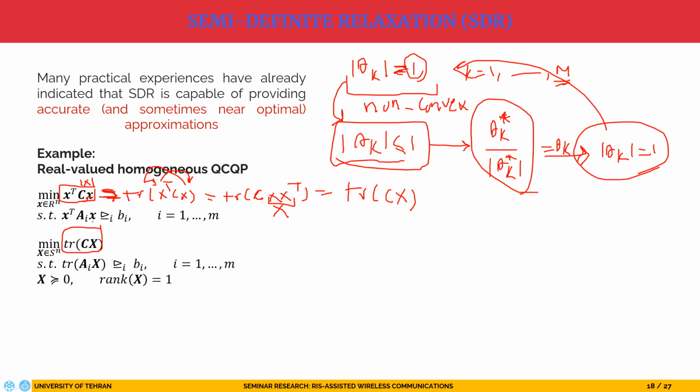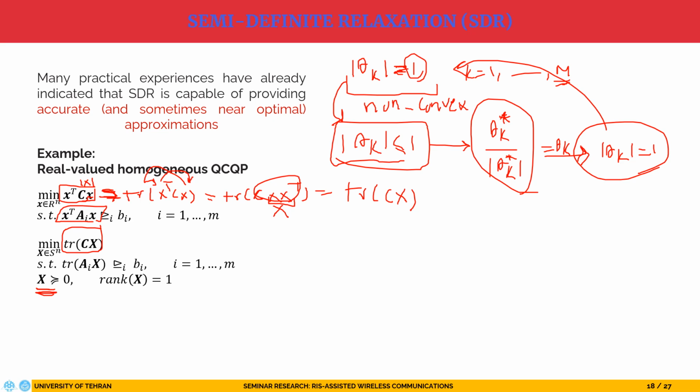So this term as well, trace of A_i X greater than b_i, where X is the multiplication of x by x transpose. So it is positive semi-definite, and we add another constraint, X should be greater than or equal to 0.